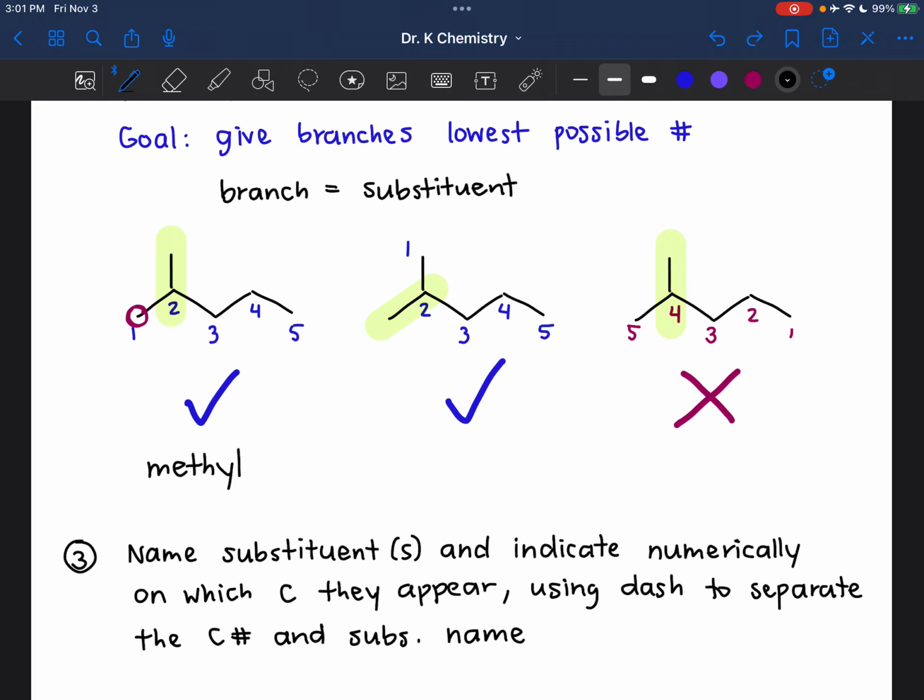It's hanging off of that primary chain. And it appears on carbon 2. That's the carbon it's attached to. So I'm going to call it 2-methyl. So meth tells me 1 carbon. Yl tells me that it's a substituent. And 2 is telling me the carbon it is attached to.